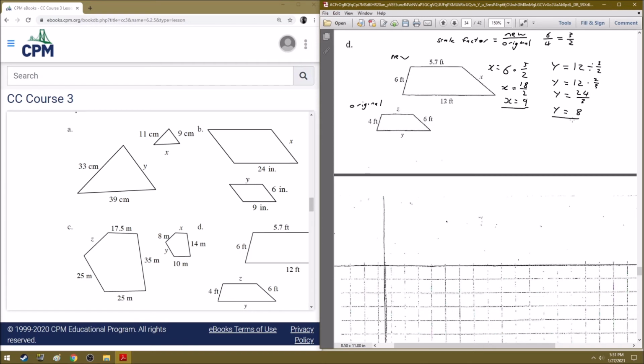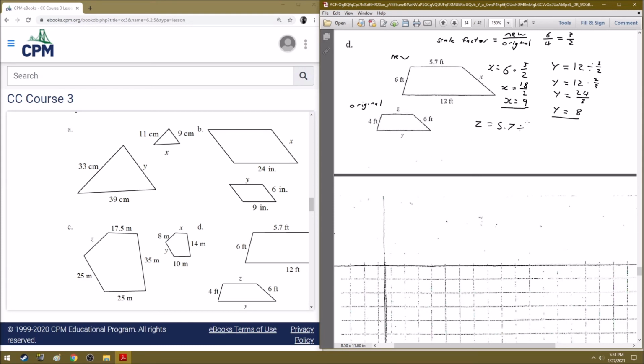Alright, so on the original, y was 8. On the new, it was 12. And then the final side length is going to be z, which once again, we only know the side length on the new. So we know it becomes 5.7 feet. So then we want to divide by the scale factor, because we're undoing the dilation.